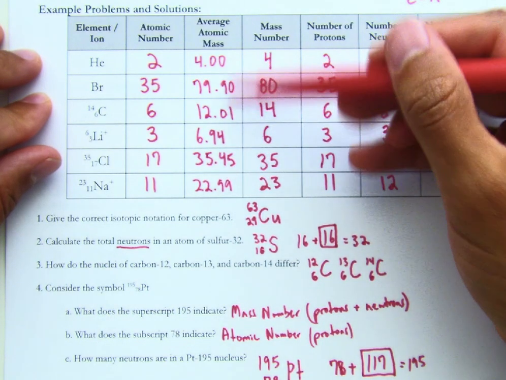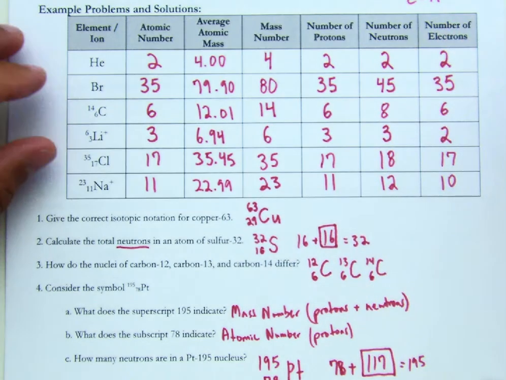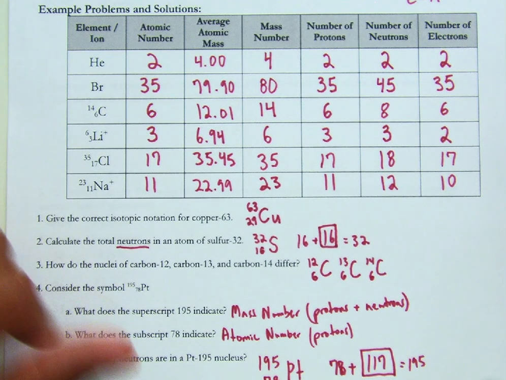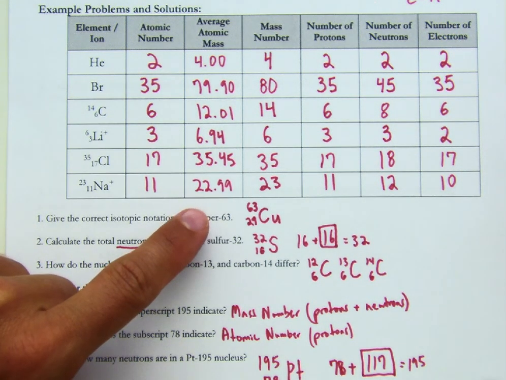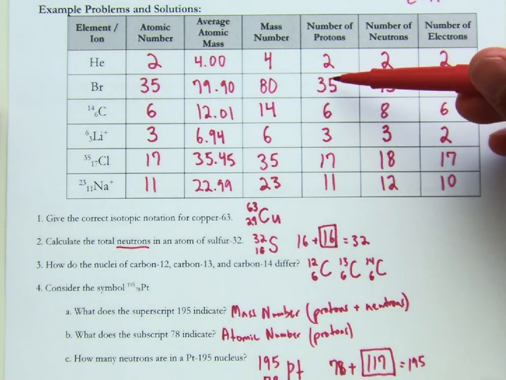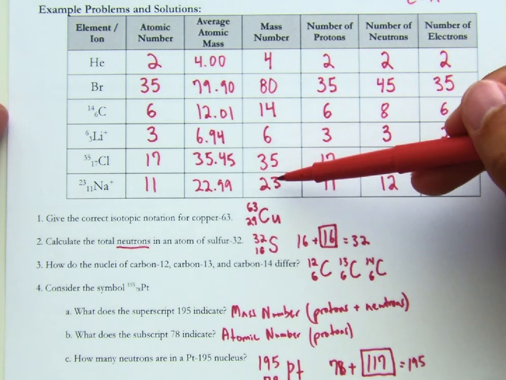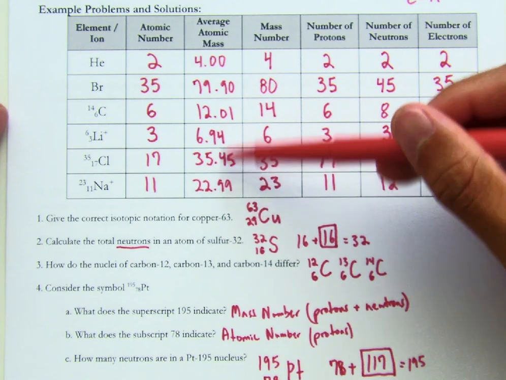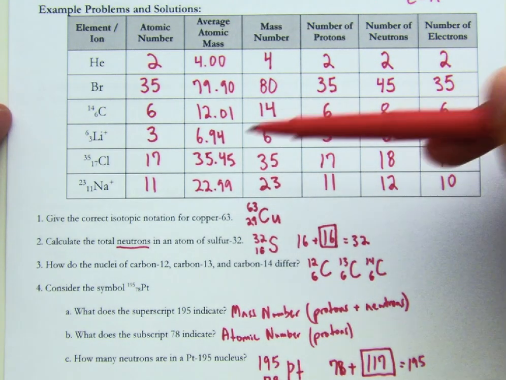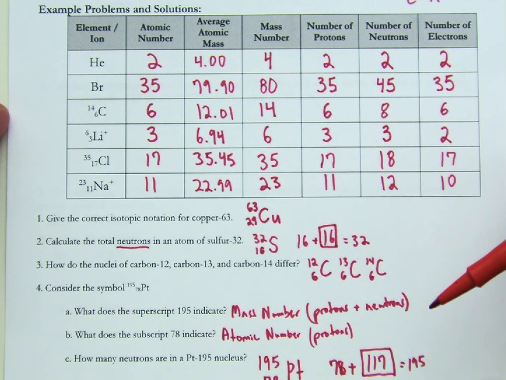Another thing to think about is, why are these not integers? If we add our number of protons and number of neutrons, we should get integers, whereas these have decimal points and numbers after the decimal point.